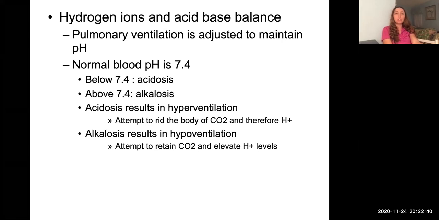And hydrogen's opposite would be bicarbonate, because that's basic. And how do we know this? Well, because in the stomach, the mucosal lining is bicarb so that it can neutralize hydrogen.